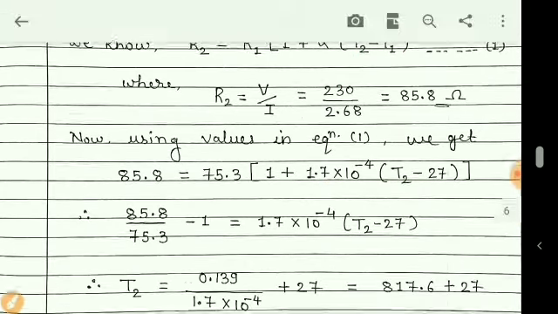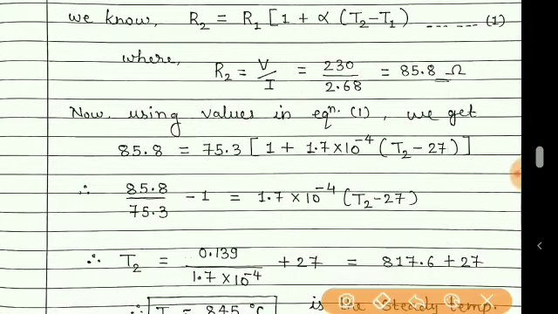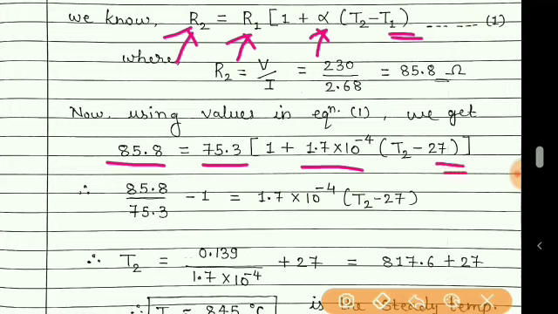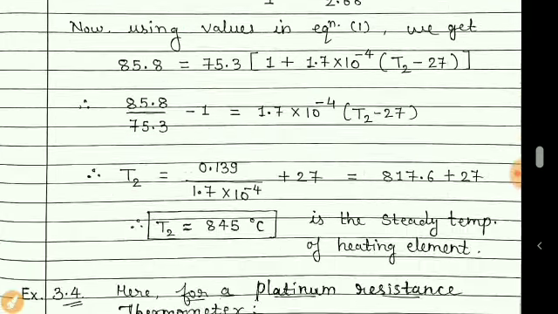So here I have simply kept the values. 85.8 is the value of R2, 75.3 the value of R1, alpha given 1.7 into 10 raised to minus 4, T1 is 27, and T2 is unknown. So applying simple mathematics stepwise, you can get the value of T2.